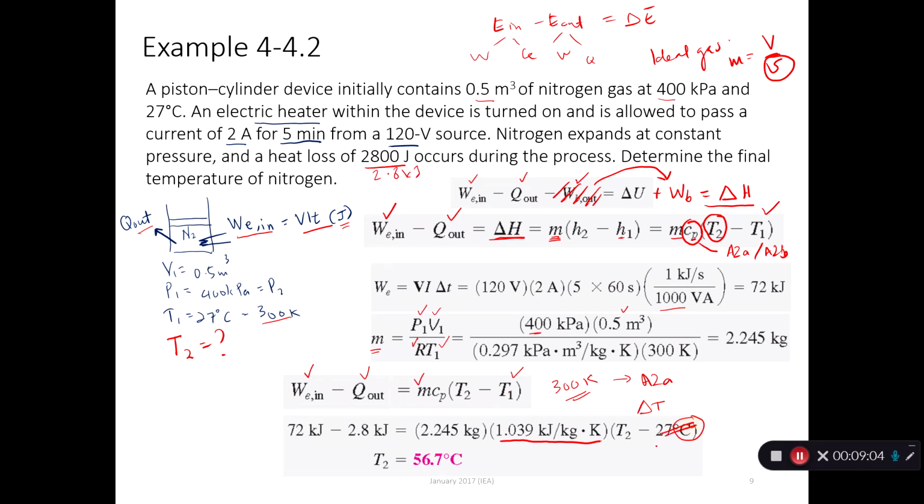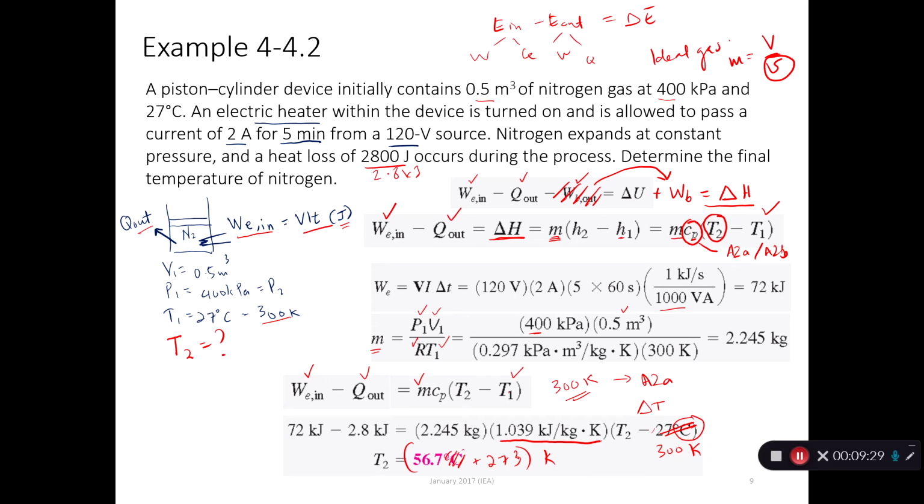Okay, so here you can write 300 Kelvin. If you do that, then your final answer will be in Kelvin. Your final answer will be 56.7 plus 273 Kelvin. If you didn't change this, then your answer will be in degrees Celsius.